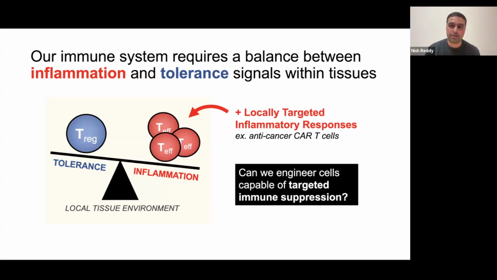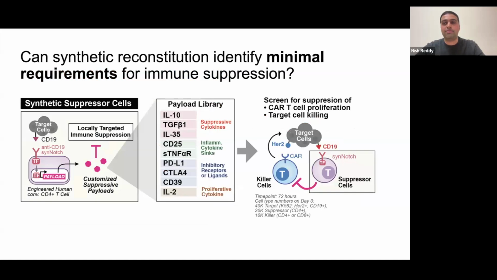And so there's a variety of different approaches to do this. One way would be to redirect native immune suppressor cells like regulatory T cells or myeloid suppressor cells and have them go to sites of infection or inflammation. But we wanted to see if we can, rather than take a cell that already is able to induce immune suppression, have a cell type like CD4 T cells that normally doesn't have immunosuppressive capabilities and introduce those using synthetic circuits.